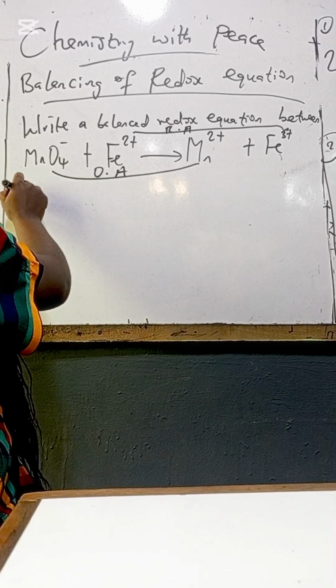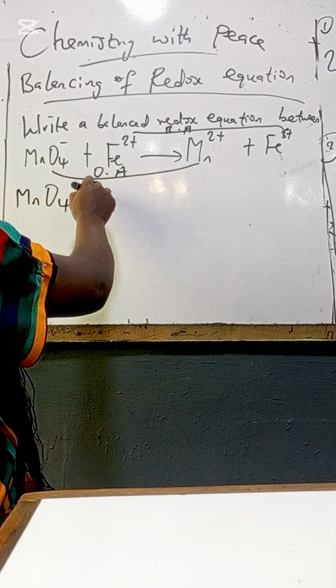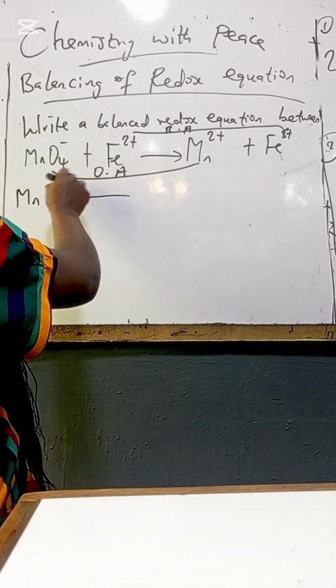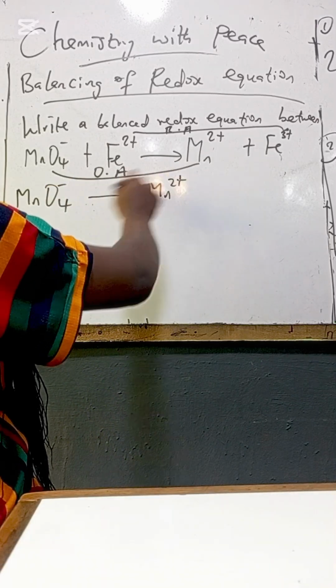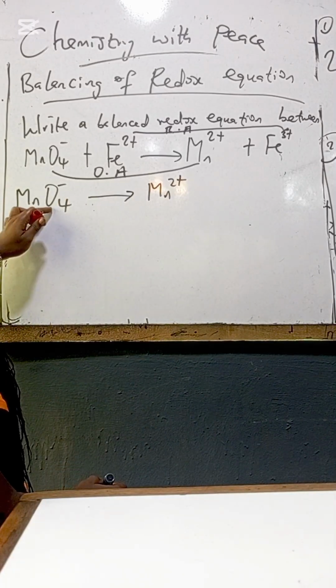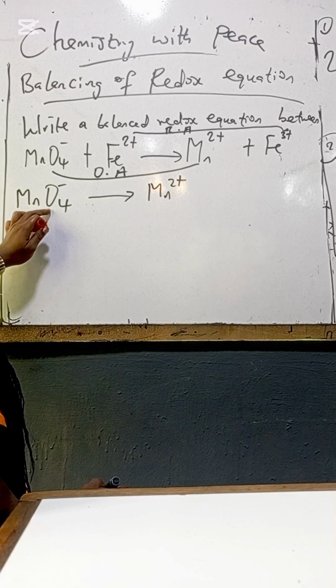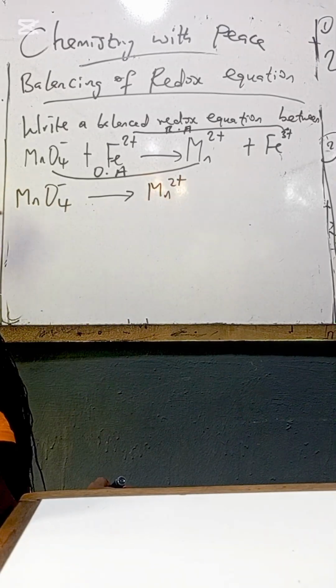So we have this. We are going to balance this oxygen present here by adding hydrogen ion to the reactant side and then adding water to the product side.